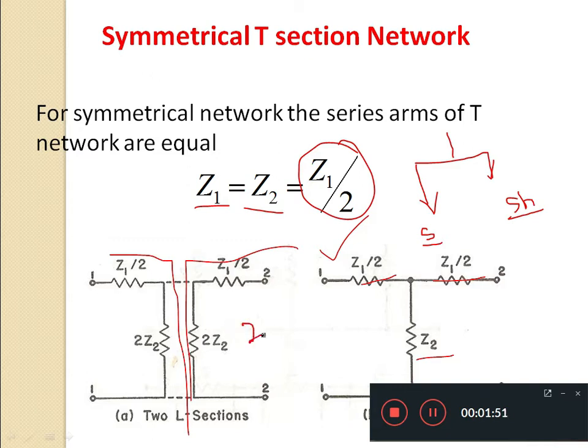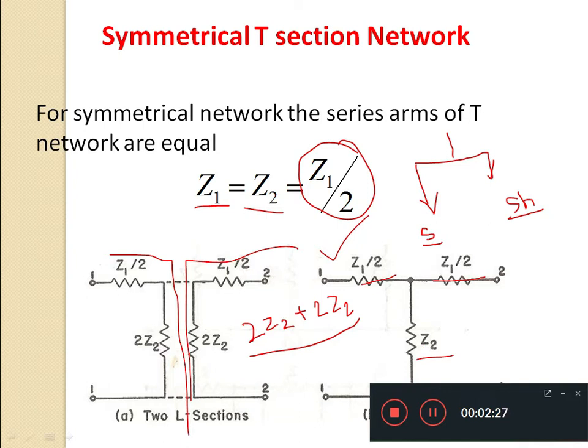Here we have 2Z2 and 2Z2, giving 2Z2 times 2Z2 upon 2Z2 plus 2Z2, which is equal to 4Z2 square upon 4Z2. The 4Z2 cancels, and therefore only Z2 will remain. That's why the result is equal to Z2.